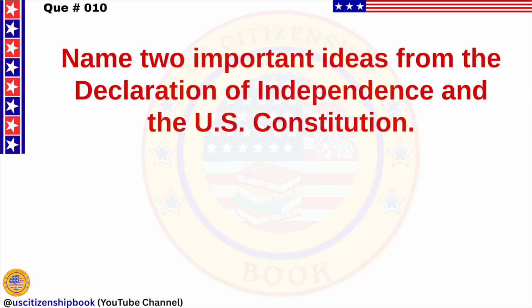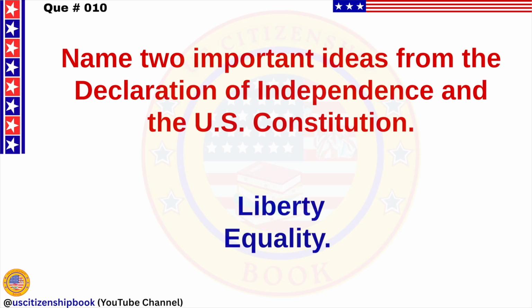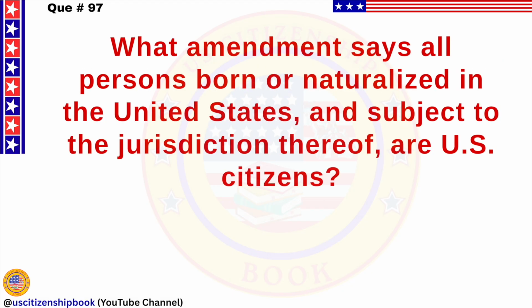Name two important ideas from the Declaration of Independence and the U.S. Constitution. Liberty. Equality. What amendment says, all persons born or naturalized in the United States, and subject to the jurisdiction thereof, are U.S. citizens?